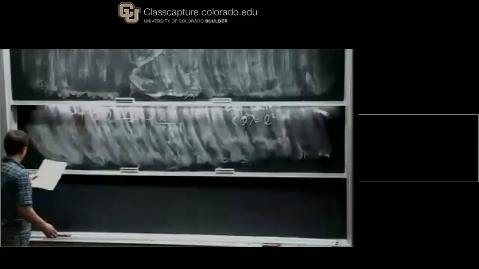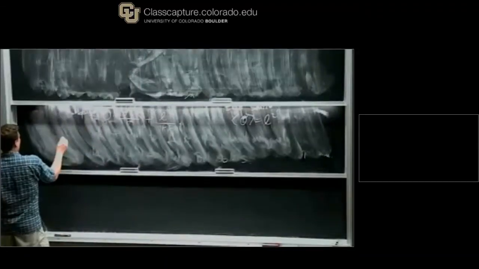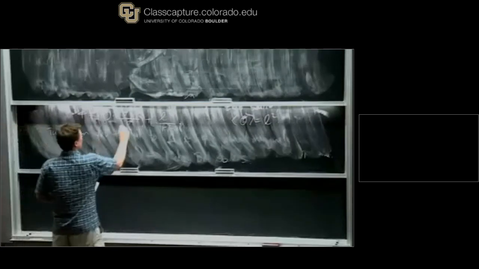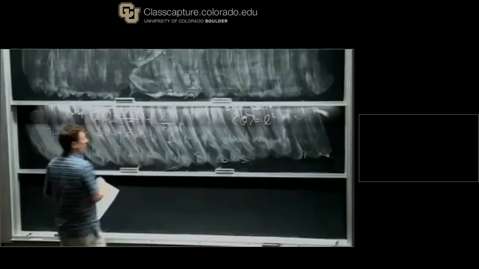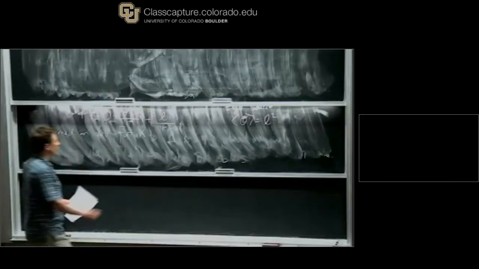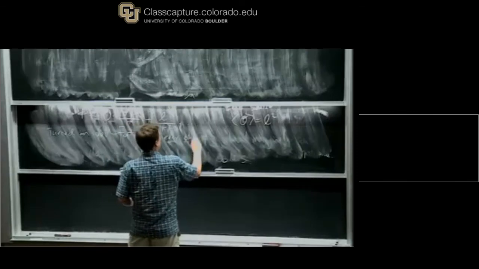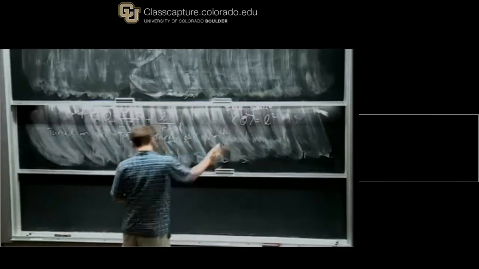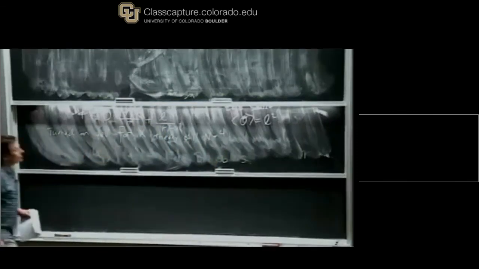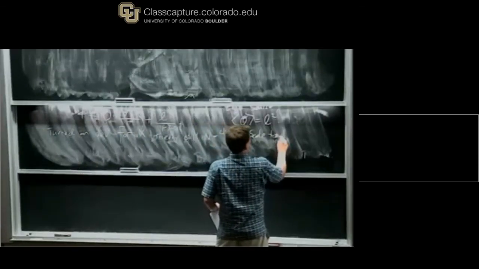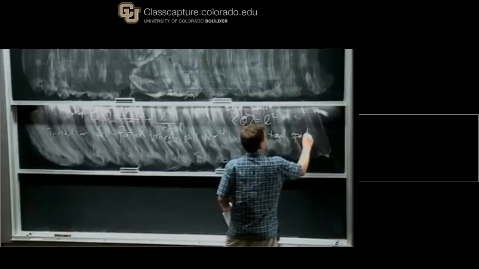So the interpretation for this is that we have turned on a vacuum expectation value for X, but because there's no source, we haven't changed the theory. The theory is undeformed. It's still N equals 4. So scale transformations are just spontaneously broken.